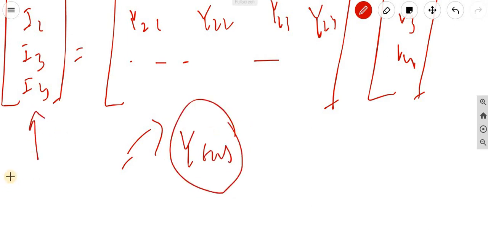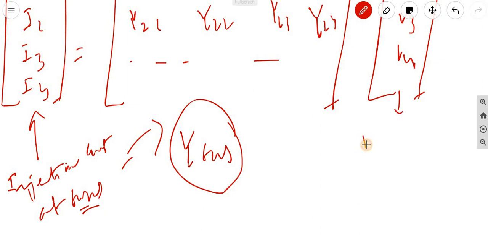The current is the injection current matrix at the buses, and these are the bus voltages V1, V2, V3, V4, and whatever matrix forms, that matrix is known as the Ybus matrix. Okay.